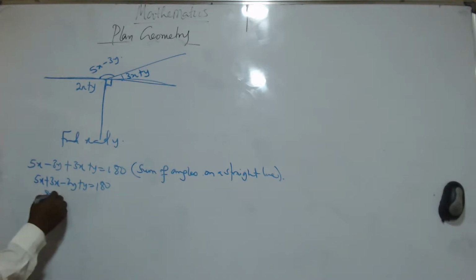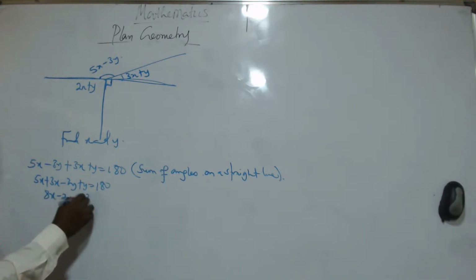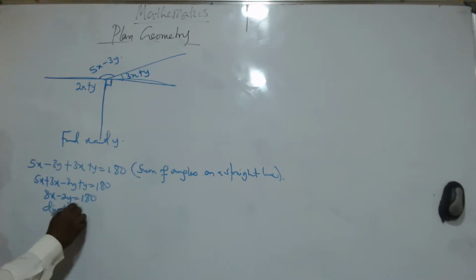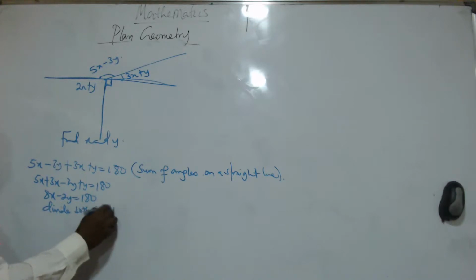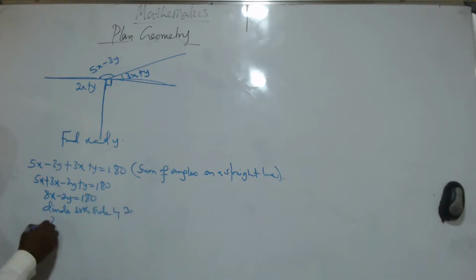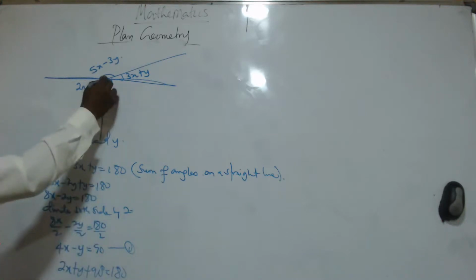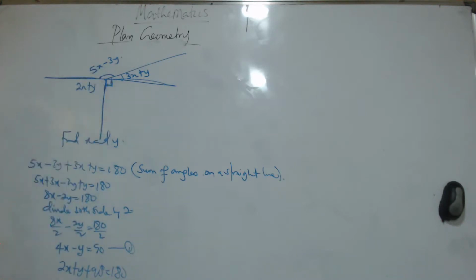This will give us 8x, this will give us minus 2y. We have 180. 2 is common, so I divide both sides by 2. We have 8x divided by 2 minus 2y divided by 2, we have 180 divided by 2. So here we have 4x minus y equals 90.